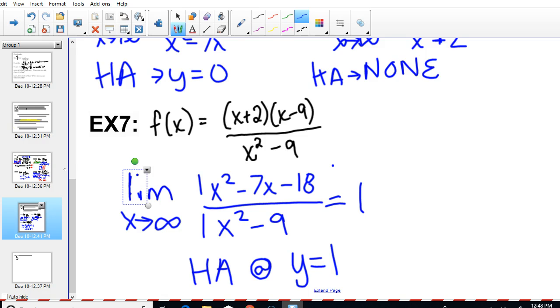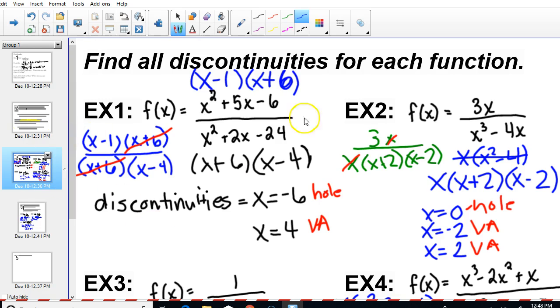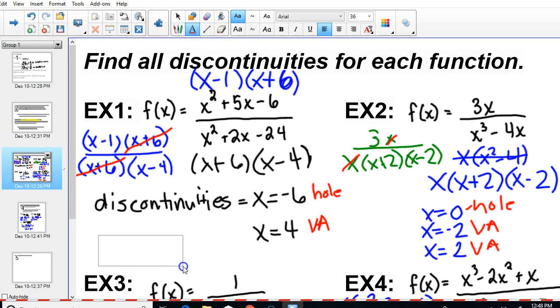So I do need to tell you about domain real quick because I forgot to do that. If we go back up to where we were looking for discontinuities, like for example 1, I have discontinuities at x equals -6 and x equals 4. So I'll type this in here because it's easier.